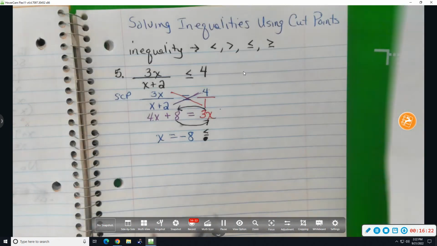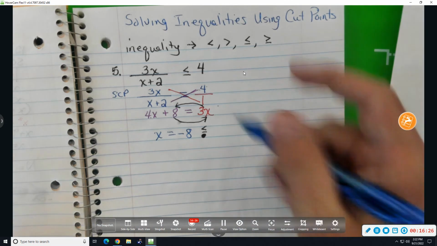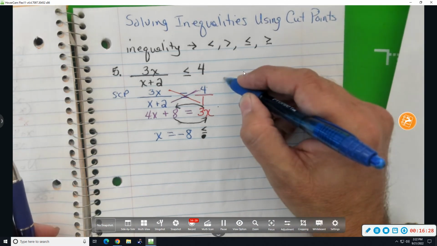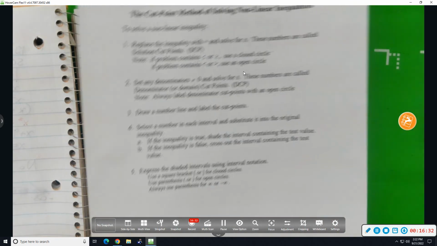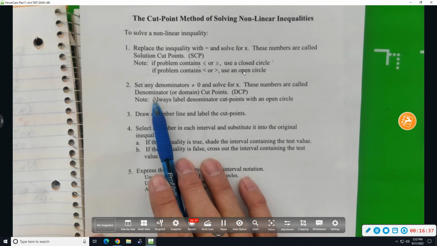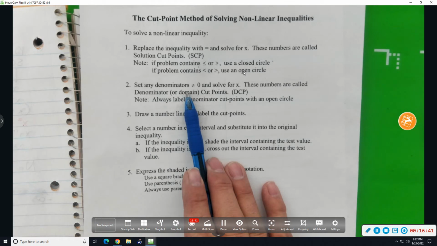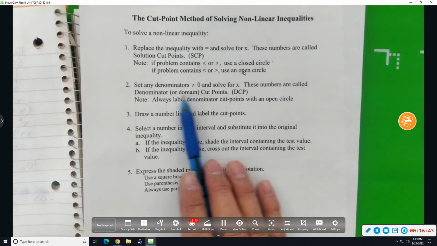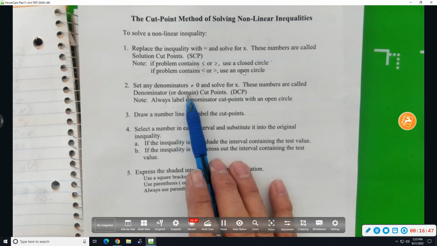Okay? Now we're ready to do step 2. I'm going to draw a vertical line right there. Step 2 tells us how to find something called denominator cut points. They can be called either denominator or domain. In a few class meetings, we'll define something called the domain, and then you might understand why they're called that.